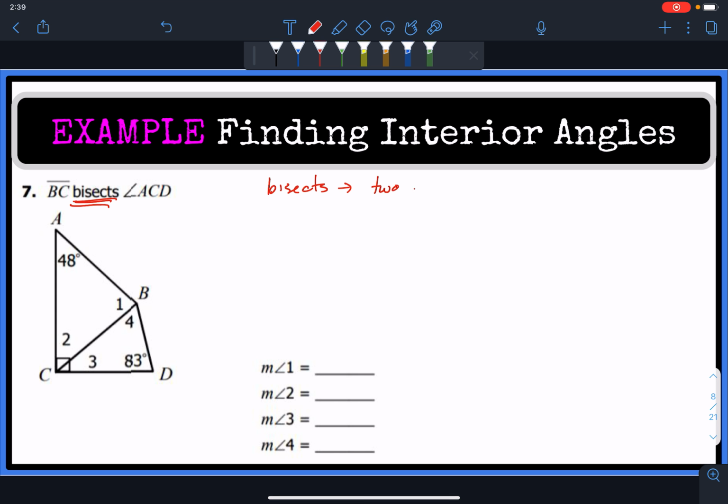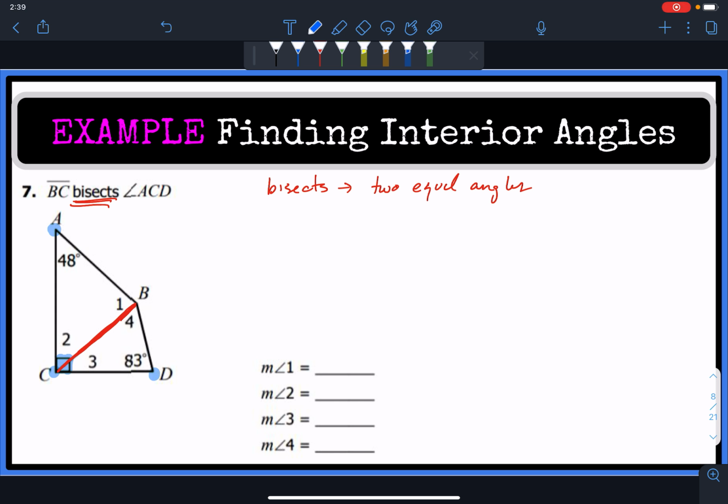So two equal angles. But again, anything that bisects is creating two equal parts. So this red line here, BC, which let me highlight it in red, is going to bisect the angle from point A to point B to point D, which is this angle right there.